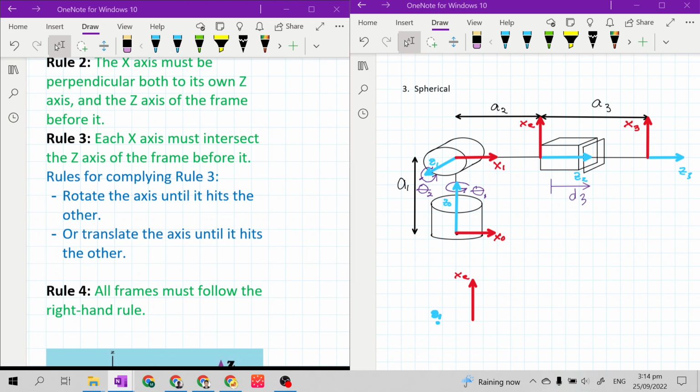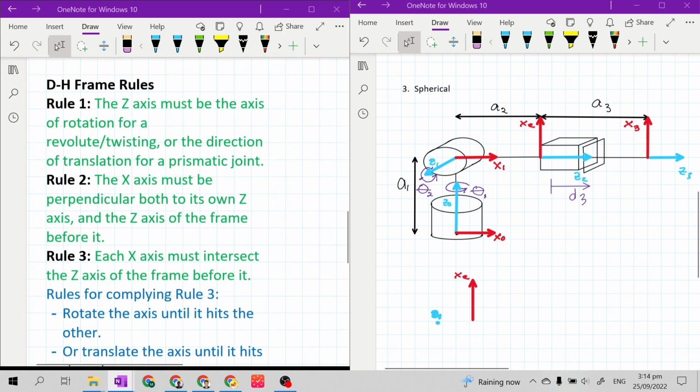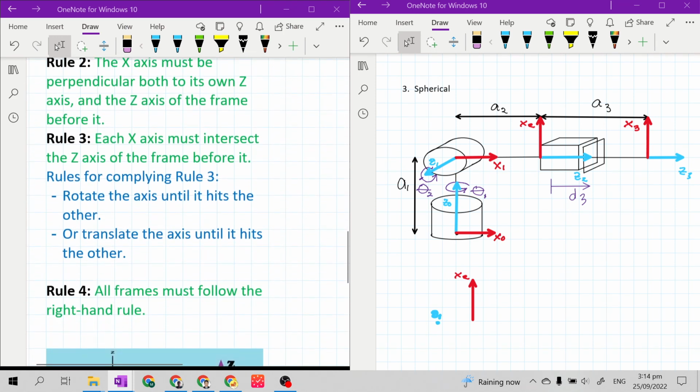If something is not complying with the frame rules, we need to do something. So here are the rules for complying with rule 3. First, you need to rotate the axis until it hits the other.